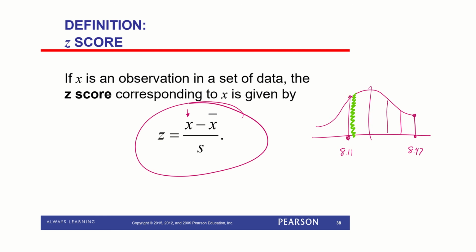Okay, if instead I were to ask about, I don't know, 8.15 instead? There's 8.15. It's not exactly on one of those lines. So x is the actual value I'm looking at. That's where the 8.15 would go. Then I subtract the mean, and then I take it over what I've been calling sigma, or what this textbook has labeled as an S. And that is the standard deviation.